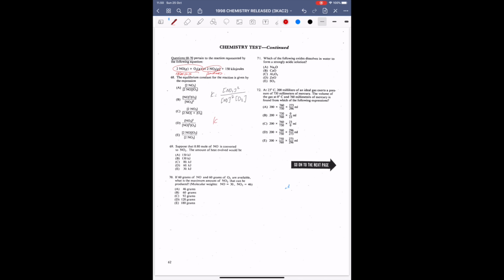The formula is basically the products raised to their coefficients over the reactants raised to their coefficients, where n is the coefficient. So here the answer should be D.